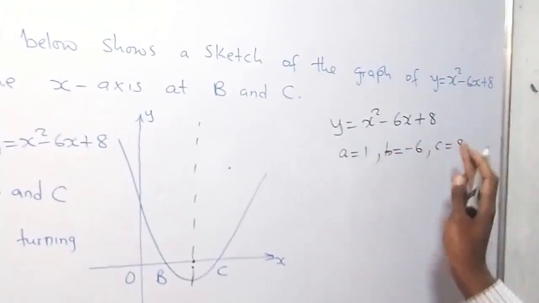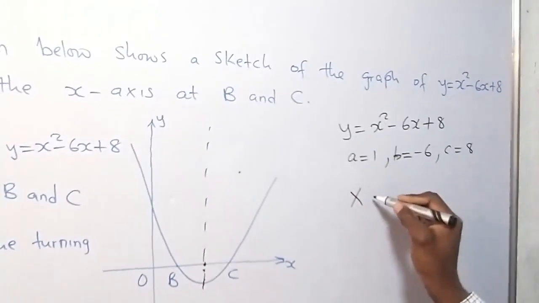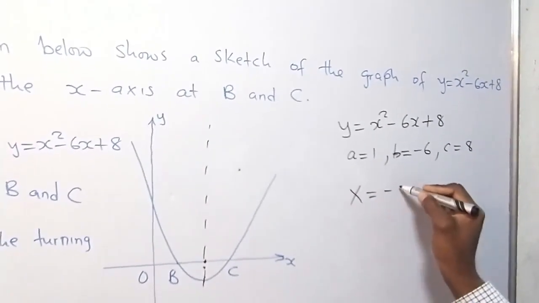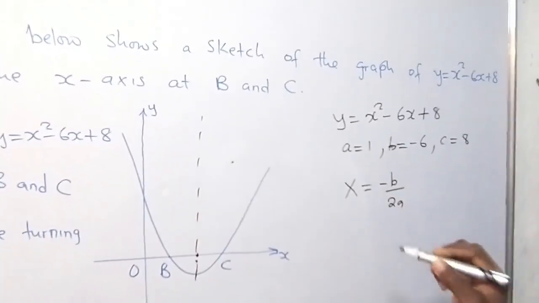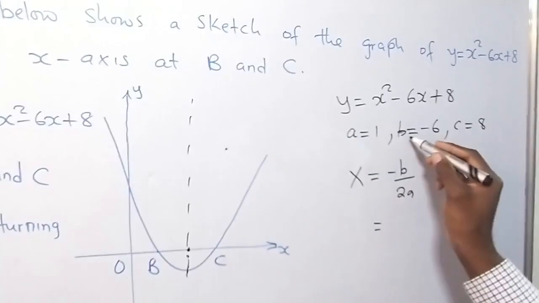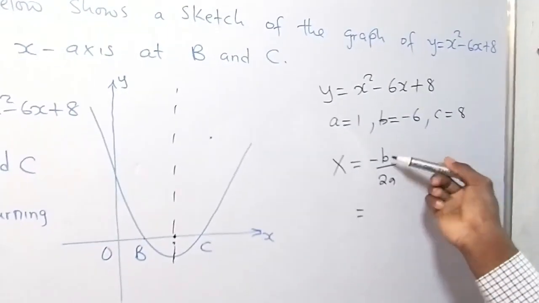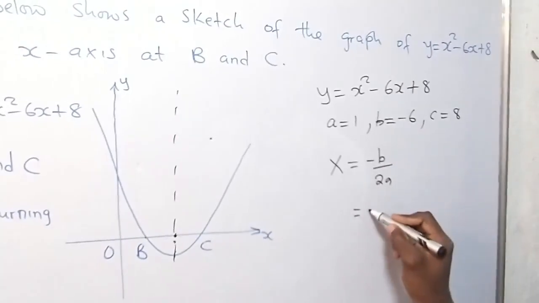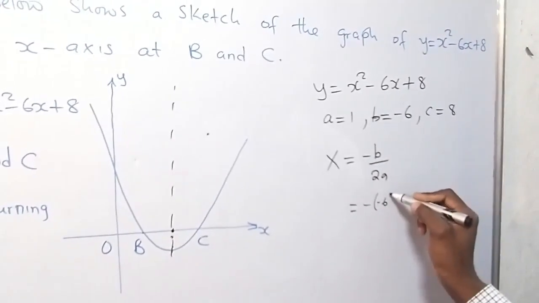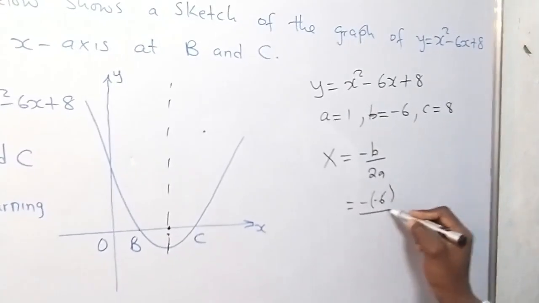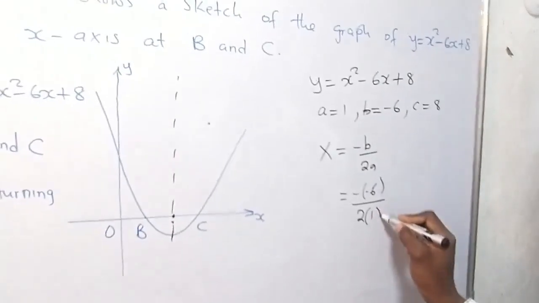After writing that, you find the value of x by writing x equals negative b over 2a. We replace the values for a and b. So negative, for b we have negative 6, over 2 times a, which is 1.